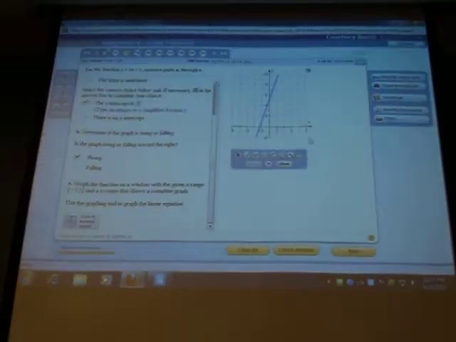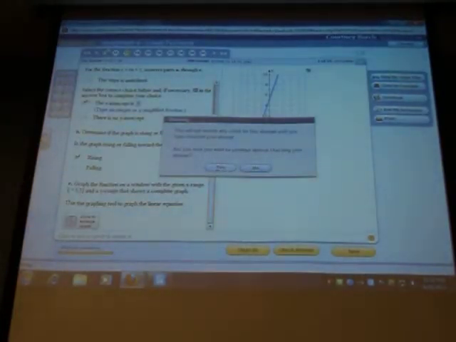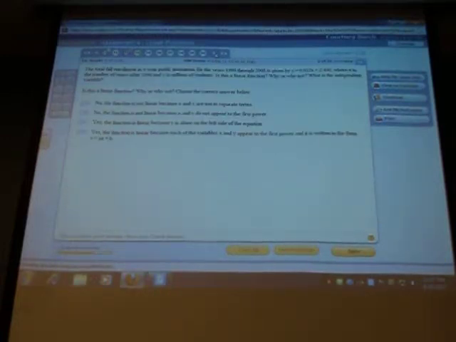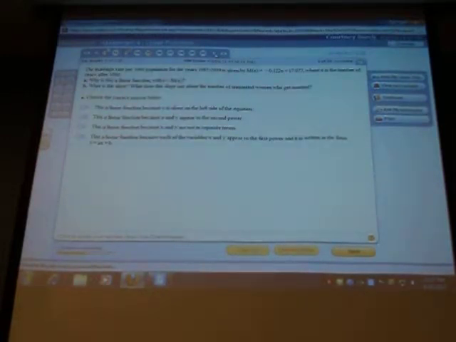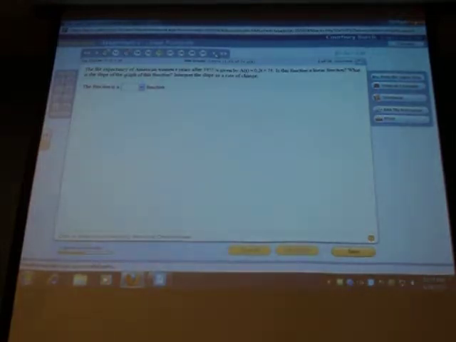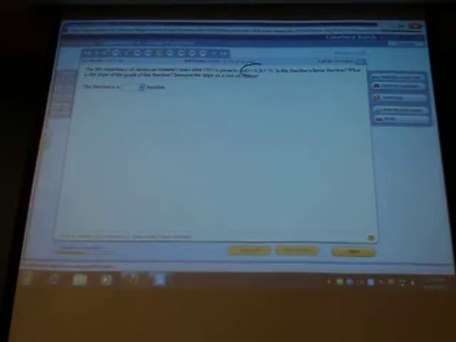Alright, let's look at an example of the homework. Let's look at number 16. 2t plus 74.